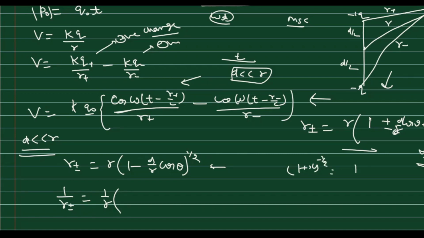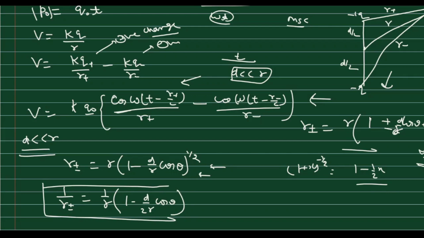We are doing the same thing there. So binomial expansion gives 1 minus d by 2r cos theta. This is the value of 1 upon r plus and 1 upon r minus. Okay, we'll put this value here in the potential equation. We are given this equation first.